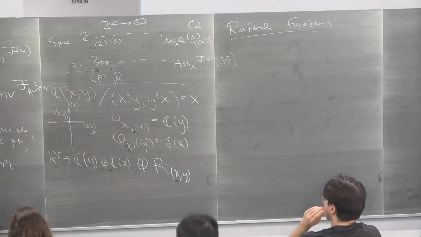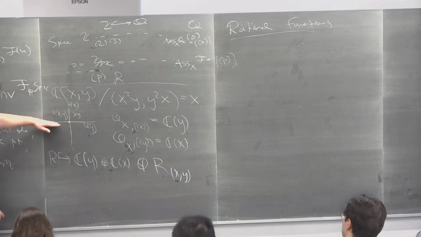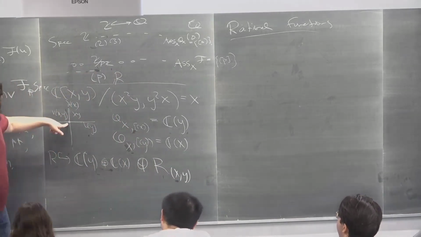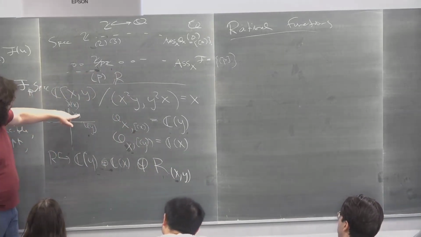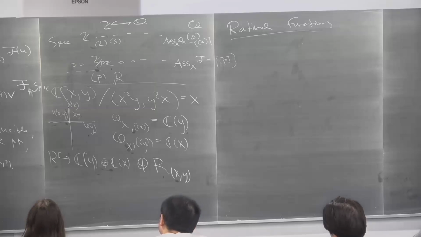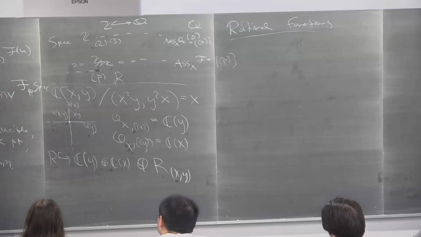In geometric terms, if I think about x times y as a function, it's 0 on here, it's 0 on here, but it's not 0 at the origin. So the origin is the support of this section of the structure sheaf, which is just another way of saying that the annihilator is this prime.